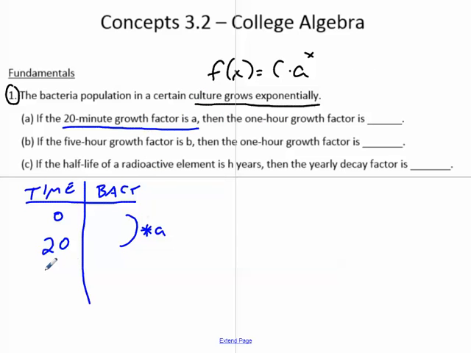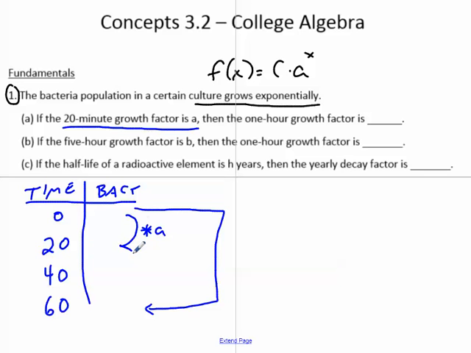So I'm going to put 40 down here, and 60 down here as well, because I need to know what I'm multiplying by from 0 to get to the amount at 60. I multiply my amount at time 0 by a to get to time 20.